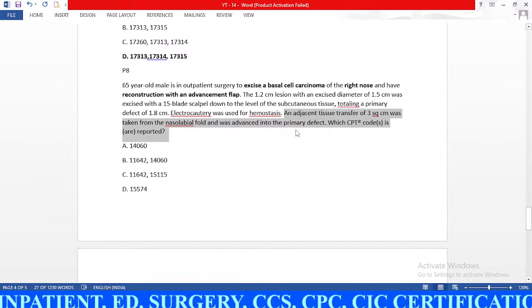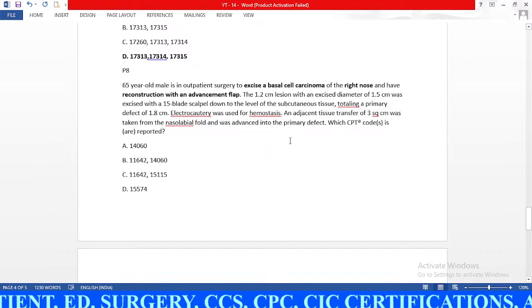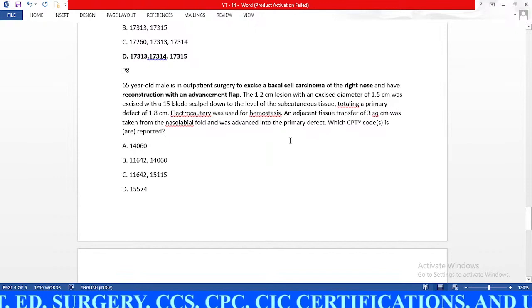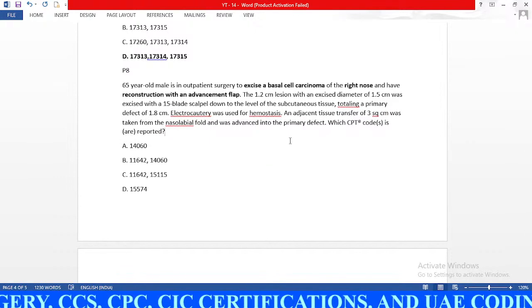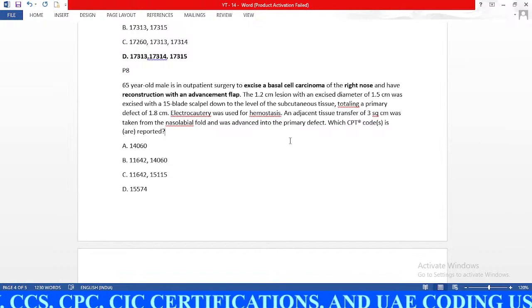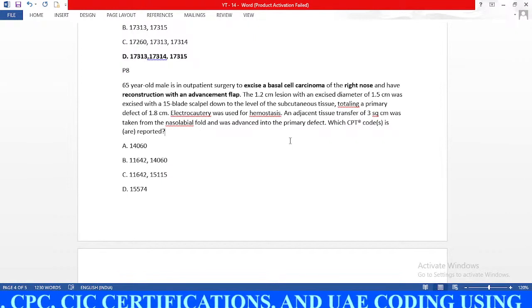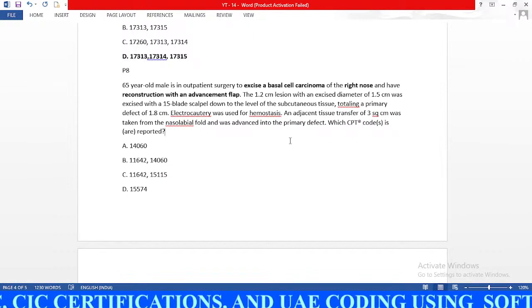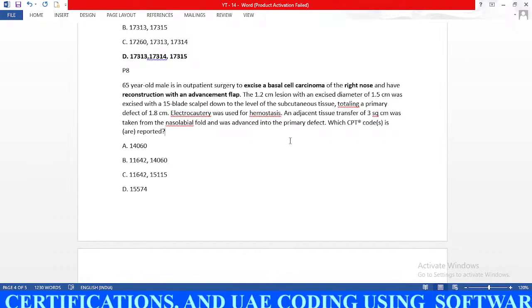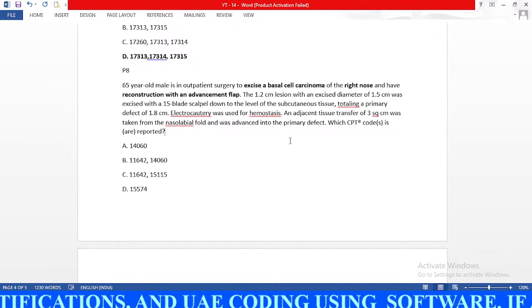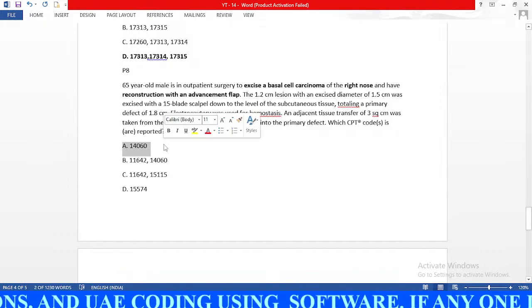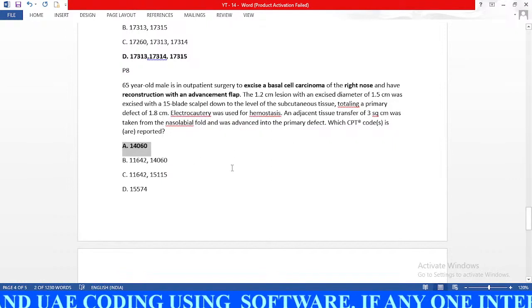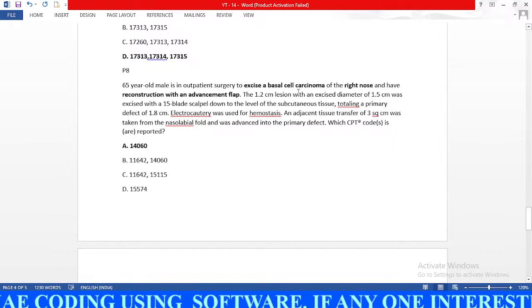Based on CPT guidelines, when the physician performs adjacent tissue transfer along with excision of a benign or malignant lesion, we need to code only the adjacent tissue transfer code. We will not code the excision code. So because of that reason, our answer is 14060.